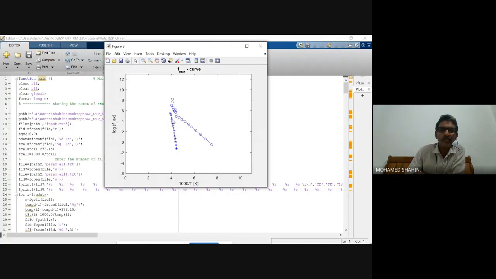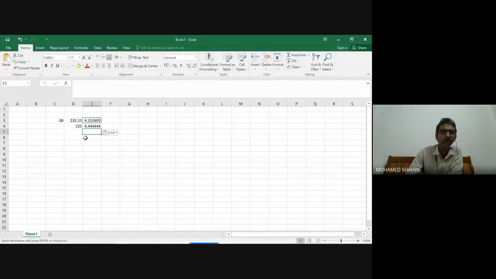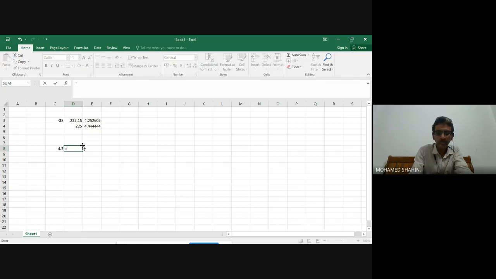Now, if I have a system like this, let us say it is 4. It is going to -6 around the 4.5. Now 4.5 means 4.5. If it is 4.5, this is 1000 by T. So 1000 divided by this is the Kelvin.